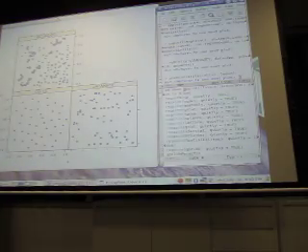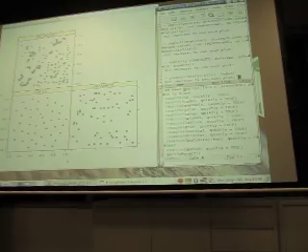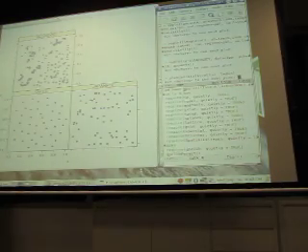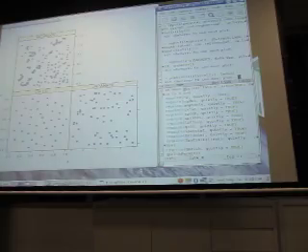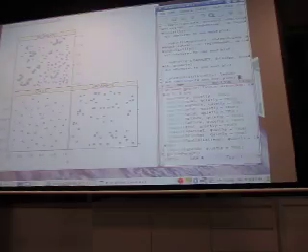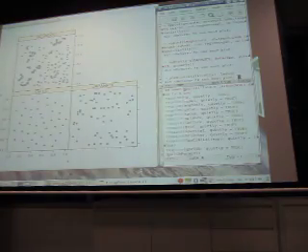Often when you look at clustering, you want to decide how different it is from complete spatial randomness. What's complete spatial randomness? Complete spatial randomness means that any point is equally likely to be anywhere in the space. So it's like throwing darts at a dartboard in a very random fashion. They could land anywhere.